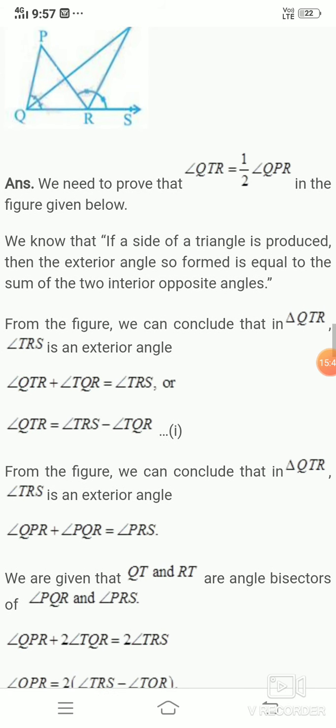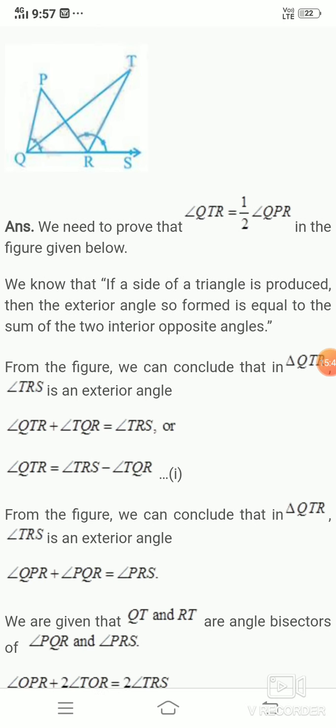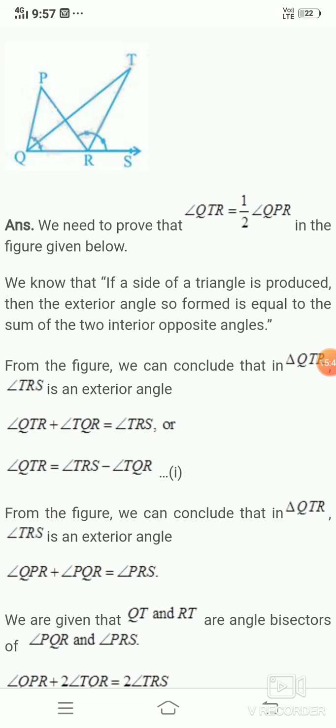So now you use PQR equals 2 times TQR. Because it is an angle bisector, if PQR is 100 degrees, then TQR is 50 degrees. So in the place of PQR, substitute 2 times TQR. Why? We need to compare the angles at P and T, that's why we change this.